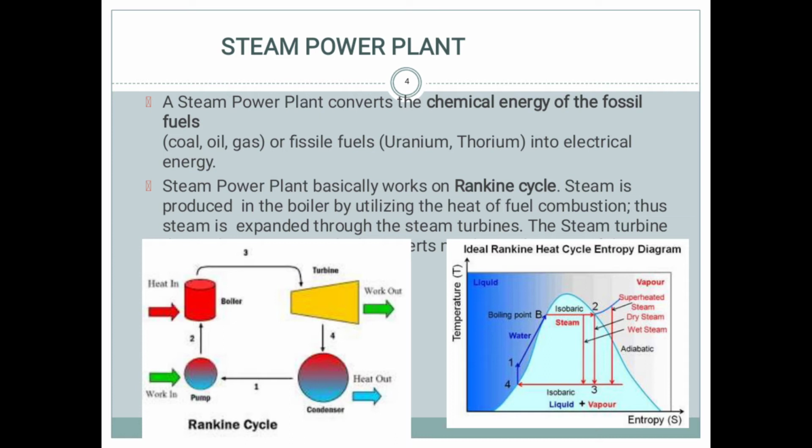The pump is a mechanical device which is used to convert mechanical energy into hydro energy. With the help of the pump, we are supplying water to the boiler from the river or sea.